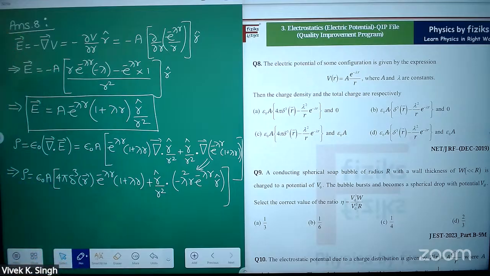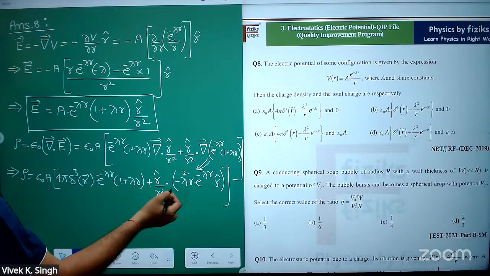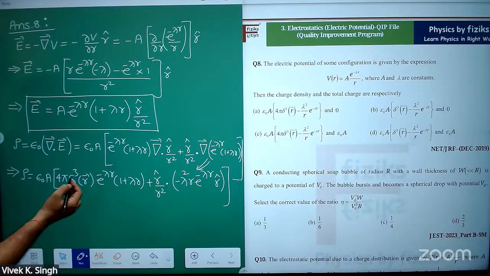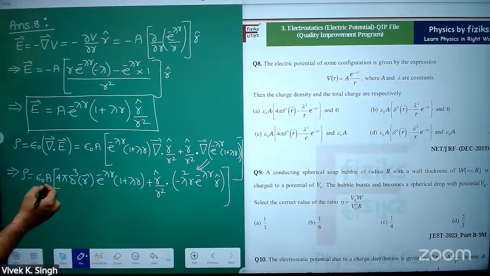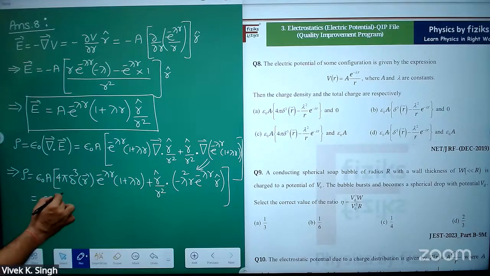So if you take the dot product, R cap dot R cap is 1, this will cancel out. So let's see what you will get. Now I have taken epsilon naught A common here.